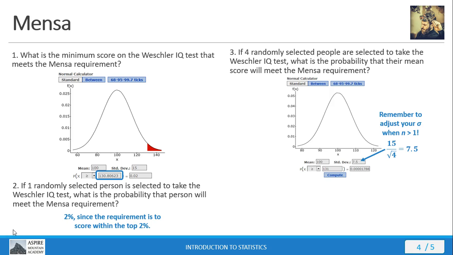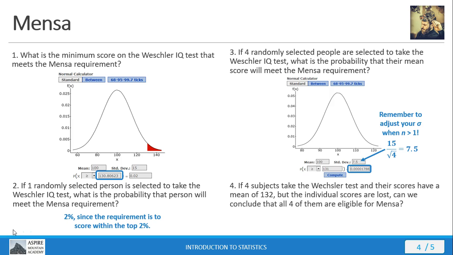So here we have 15, which was our original standard deviation, divided by the square root of 4, which is 2, and that's going to give me 7.5. So 7.5 is my adjusted standard deviation value. When I hit compute again, out comes a really, really small number. So the probability that 4 randomly selected people are going to have a mean score that meets the Mensa requirement is, it's almost certain not to happen.